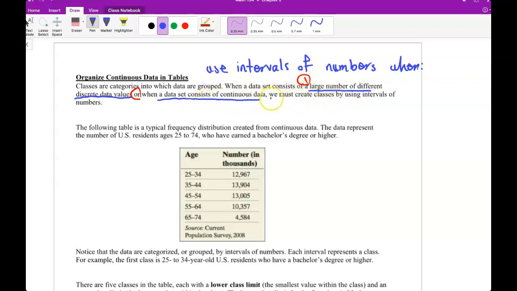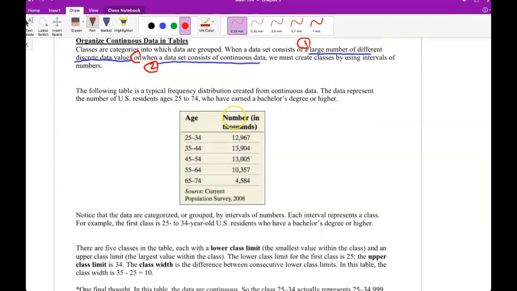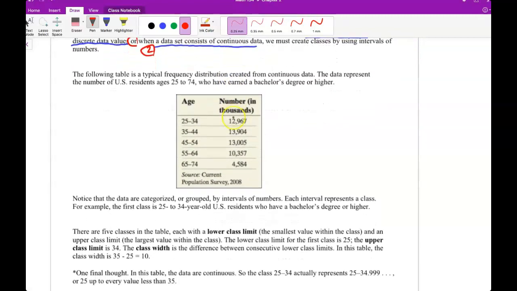So these two are same, having a large number of different discrete data values, or when a data set consists of continuous data. So we have these two. And for this kind of data, we should use intervals.